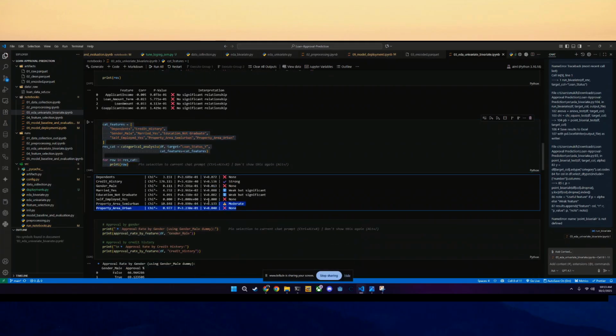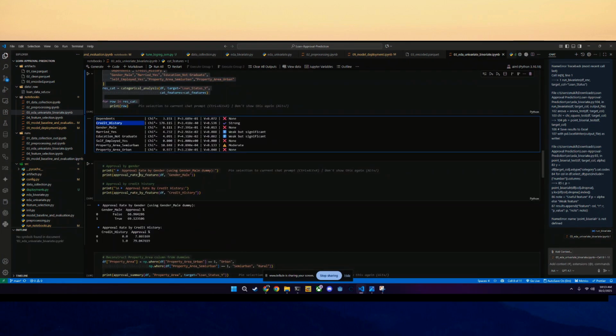Here you can see the Cramér's V score is high for the credit history. That means it is an important and the strongest driver for the model performance. In other words, the credit history has 0 and 1 values. Whoever has a good history, the chances are high for their approval.